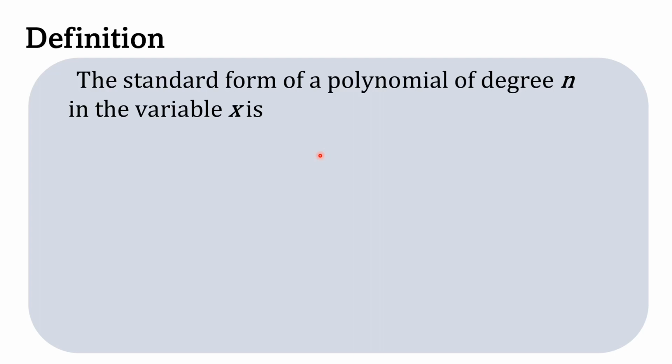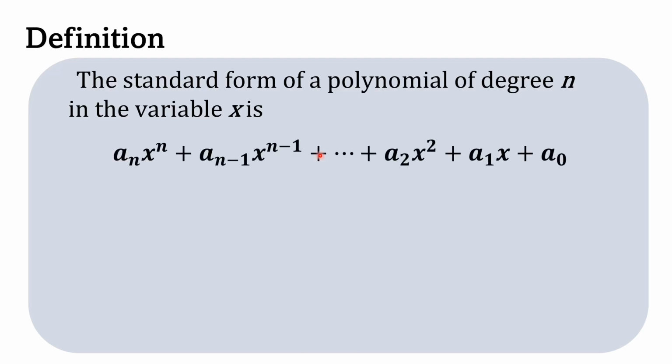So this is a polynomial with a single variable, which is a sub n x raised to n plus a sub n minus 1 times x raised to n minus 1 plus, and so on, plus a sub 2 x squared plus a sub 1 x plus a sub 0.